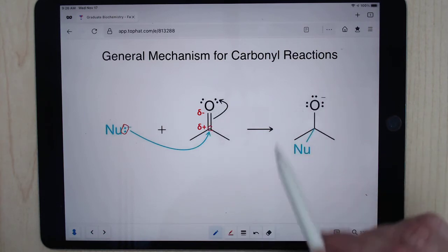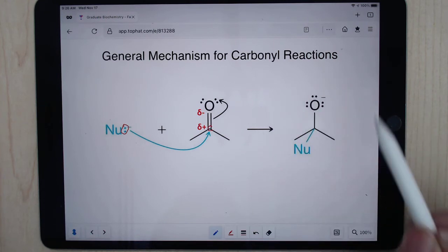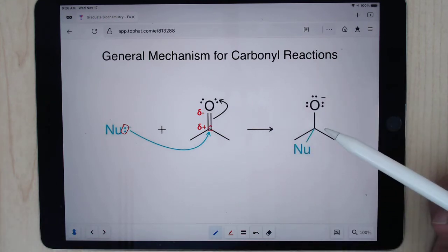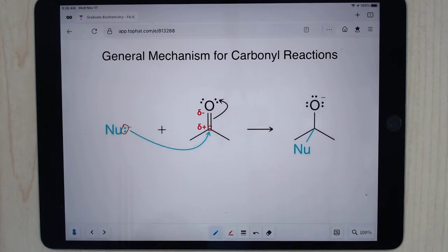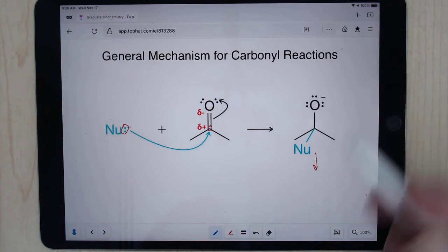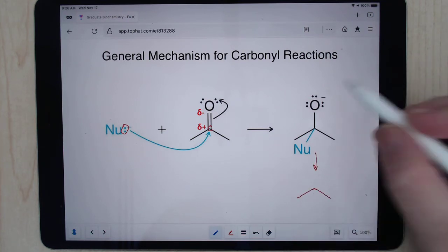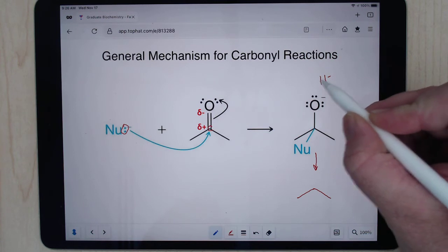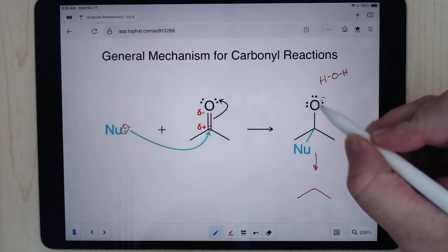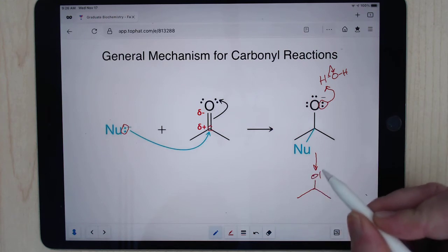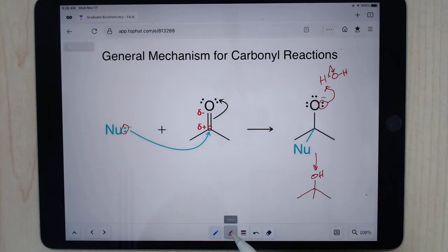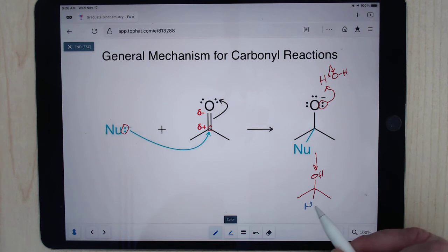And so you're going to end up with this intermediate here, the O minus. During the workup of the reaction, you usually throw in some water, and that's going to get converted into an alcohol. So you dump in some water at the end of the reaction, and that's going to grab that, and so you're going to end up with the OH, like that.